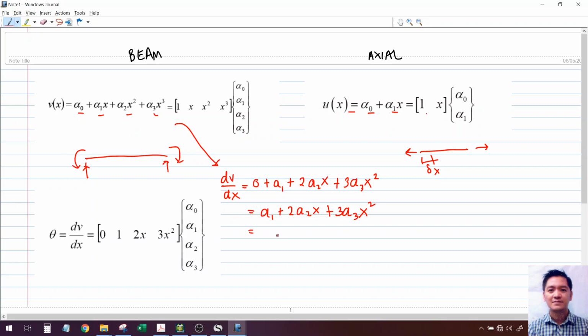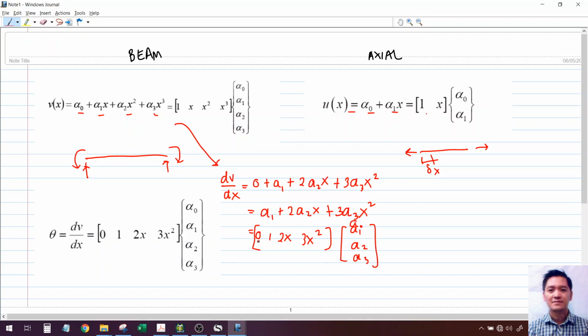Or in matrix form, 0, 1, 2x, 3x squared. Siyempre kailangan mahiwalay lang is alpha naught, alpha 1, alpha 2 and alpha 3.